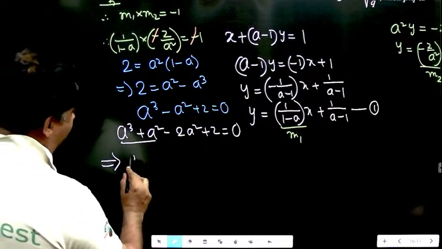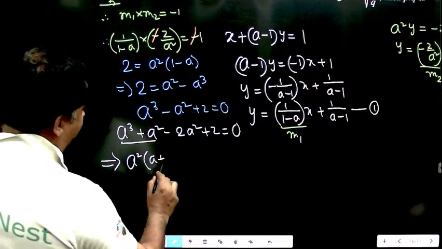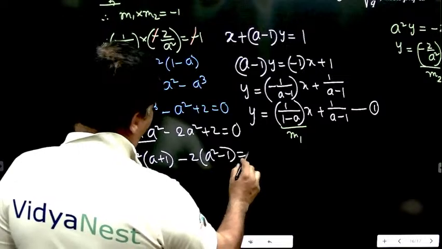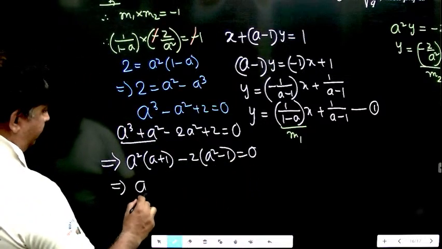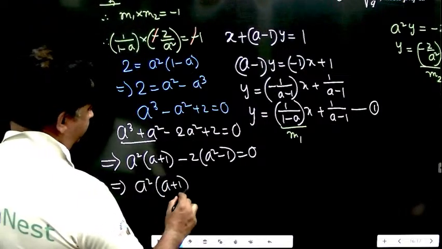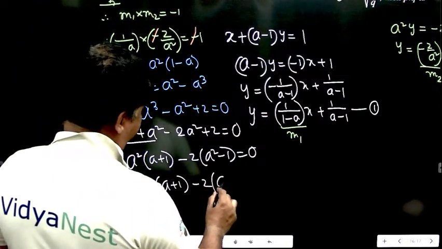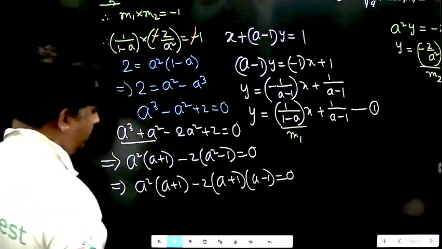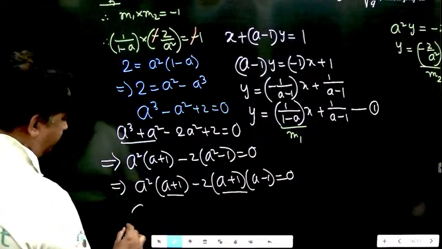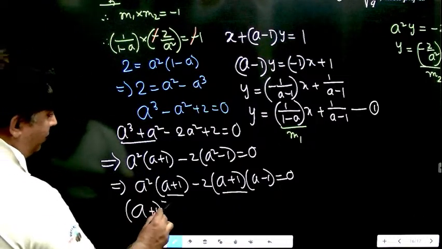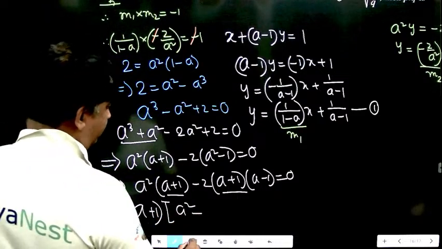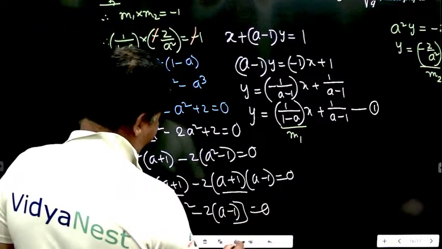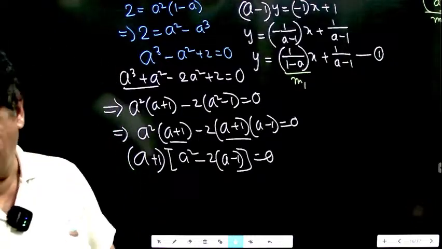Now from the first two terms, I can take a square common. What will be left? a plus 1. From the next two, I can take minus 2 common. So a plus 1 is common. If I take a plus 1 common, what will be left in the bracket? This thing.